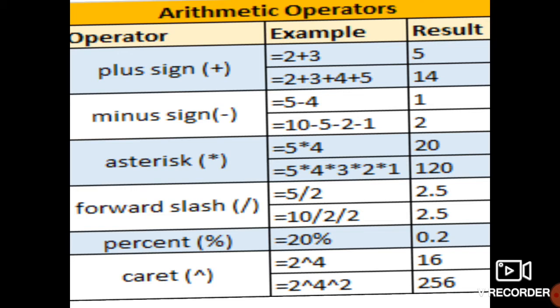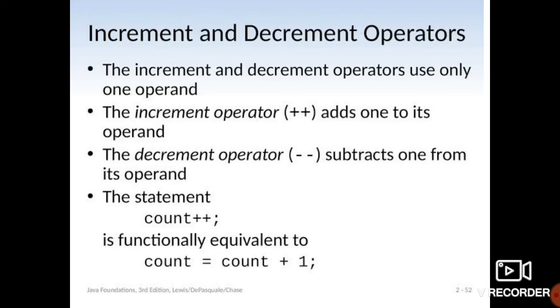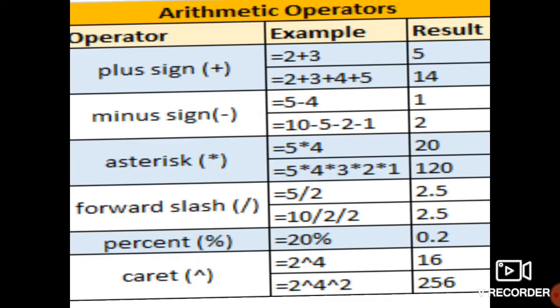Then asterisk means multiply. 5 into 4 is equal to 20. Then 5 into 4 into 3 into 2 into 1 is equal to 120, and so on. Now the percent, 20% means 20 upon 100, means 0.2. 20 caret 4 means 20 to the power 4, that is 2 into 2 into 2 into 2 is equal to 60.